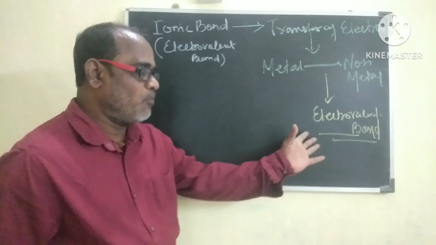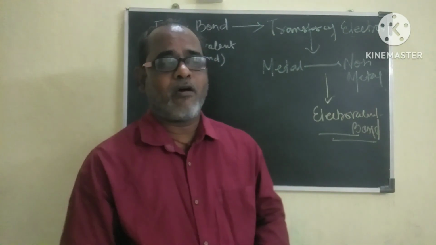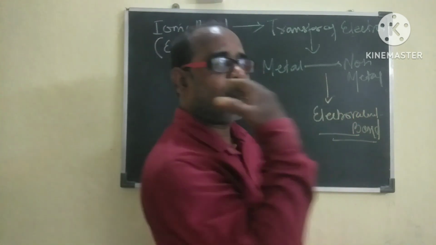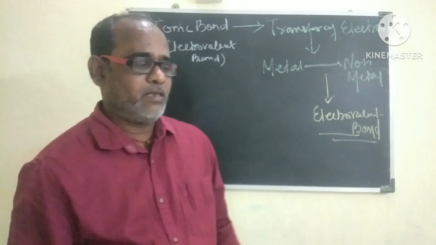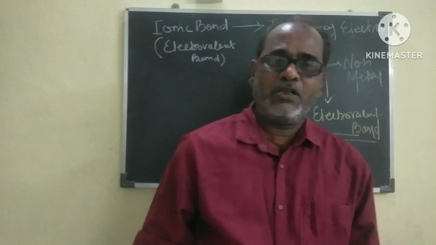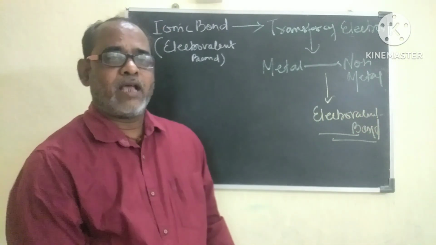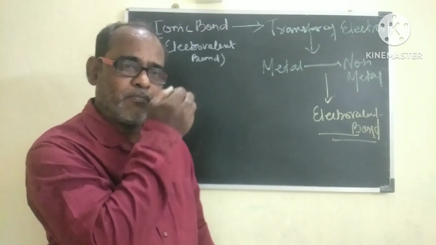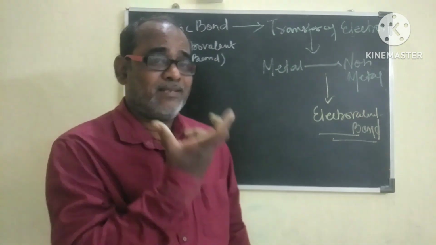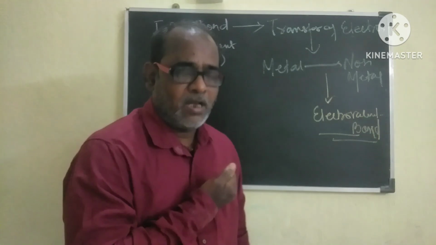Let us recall the very first chapter which I have already taught you. While we move from left to right across the period, we have learnt regarding IP, that is ionization potential. When we move from left to right across the period, ionization potential increases. That means more energy is required to take out the electrons.